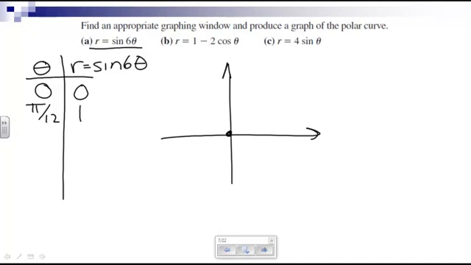So I want you to think about being on this angle, pi over 12, and going out exactly 1. Let's think about what happens in between. We get a graph that looks kind of like this. The angle's changing, r is getting bigger, and goes out to 1. Something like that. Maybe I'll do it in red.